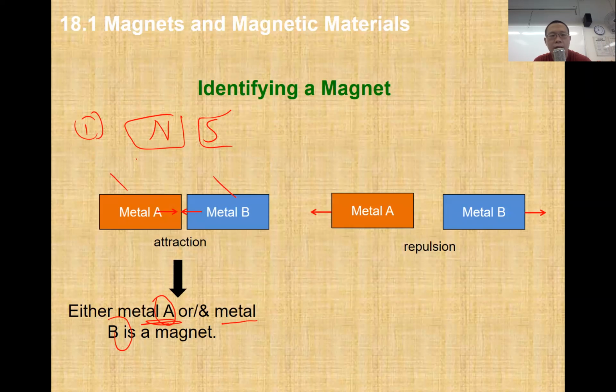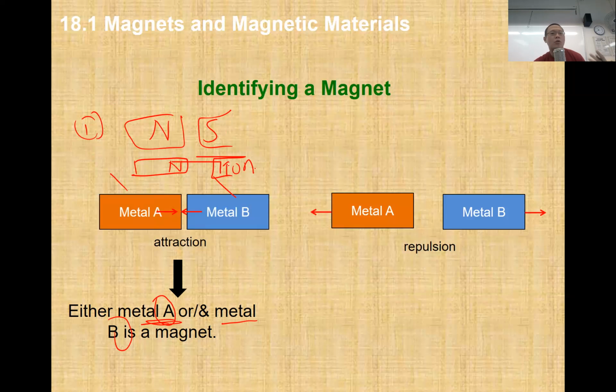For example, A is a magnet with a north pole here, and I have maybe an iron bar. So I cannot conclude which metal is the magnet. It could be that metal B is a magnet and metal A is a magnetic material. Both will still attract.